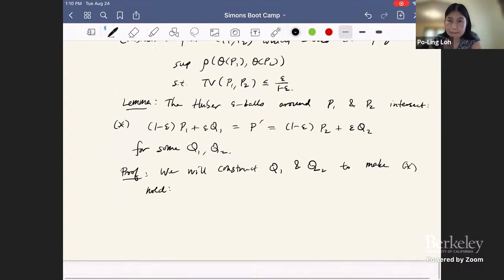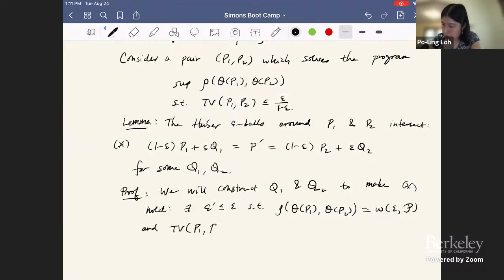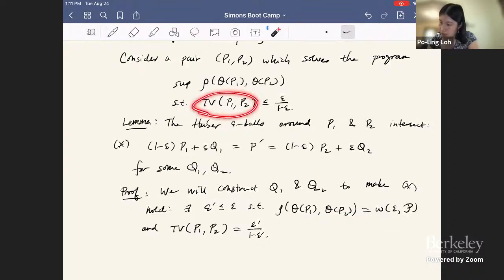Okay, so there exists epsilon prime less than or equal to epsilon, such that rho of theta of P1, theta of P2 equals omega of epsilon, script P, and the total variation distance between P1 and P2 is equal to epsilon prime over 1 minus epsilon prime. Okay, so these guys maximize this program, and that means that we have to actually achieve what the modulus of continuity is. However, the TV distance might be smaller than epsilon over 1 minus epsilon, so there's some epsilon prime for which we have equality there.